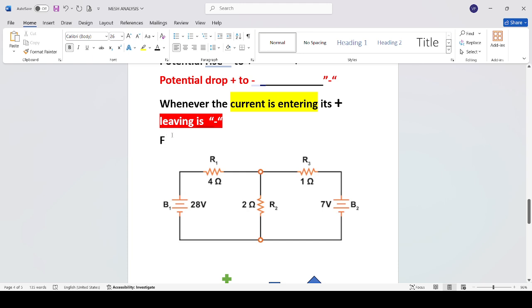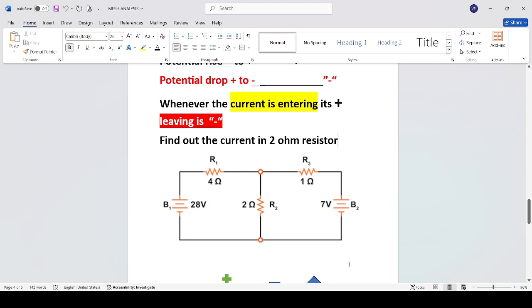So the question is: find out the current in the 2 ohm resistor. Okay, so this is the question they have given.